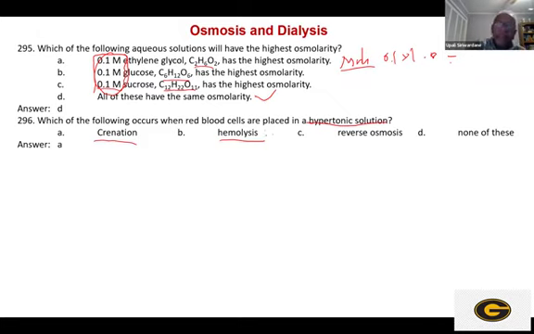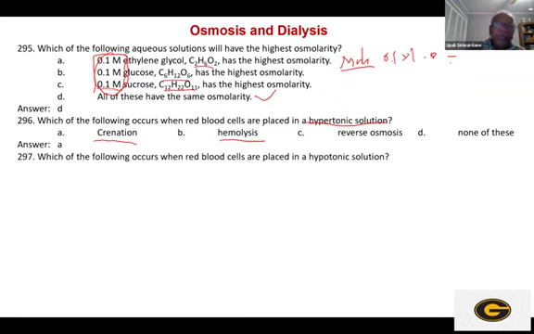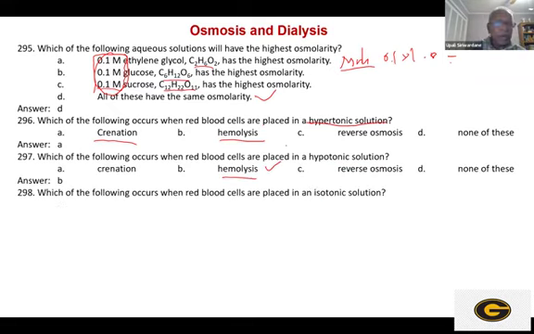This is hemolysis in hypotonic solution. Which of the following occurs when red blood cells are placed in hypotonic solution? That's hemolysis. Which of the following occurs when red blood cells are placed in isotonic solution? None of these.